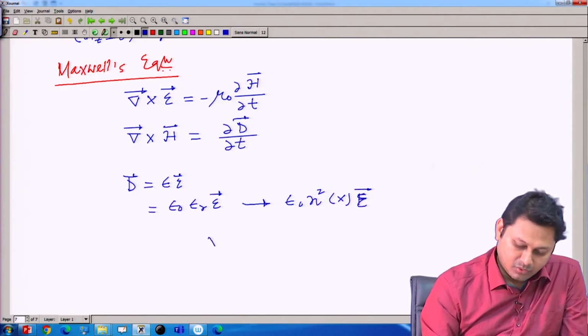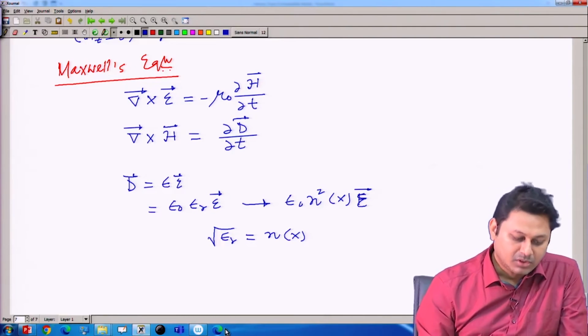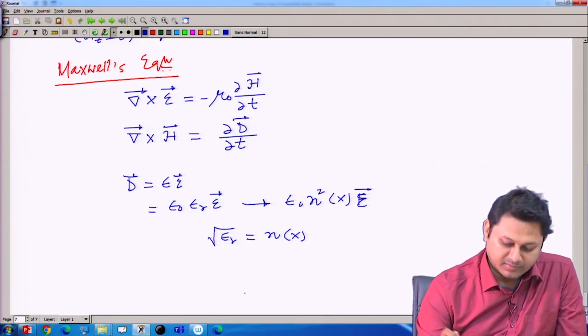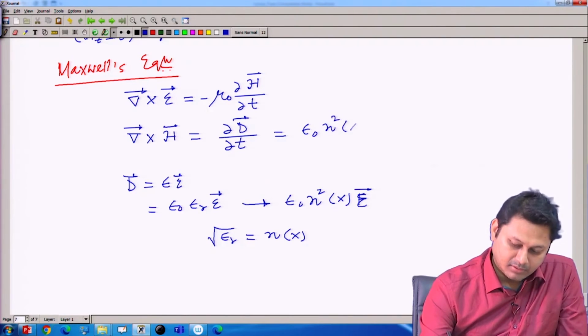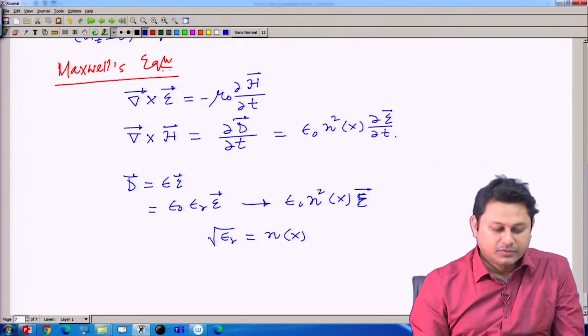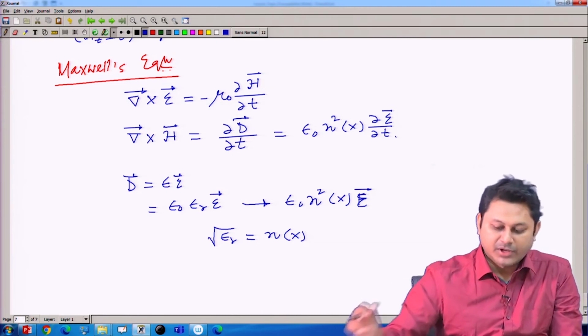Where root over epsilon r is the refractive index, considering the refractive index is a function of x only in one direction. So, I can write this equation simply as epsilon 0 n square x del E del t. So, these two equations I start with and then try to understand more.